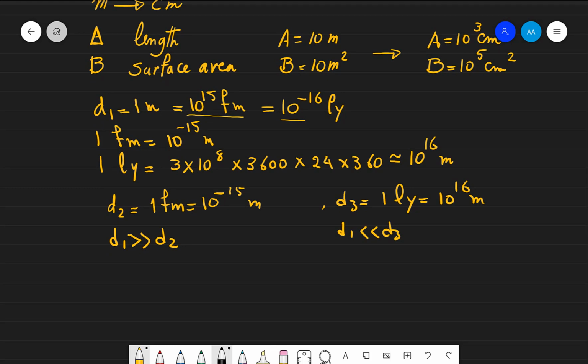Dividing two quantities of the same dimension gives a dimensionless quantity, which can be large or small.